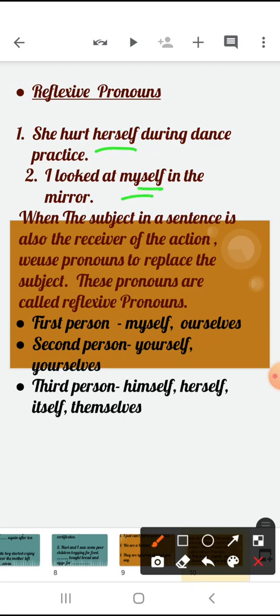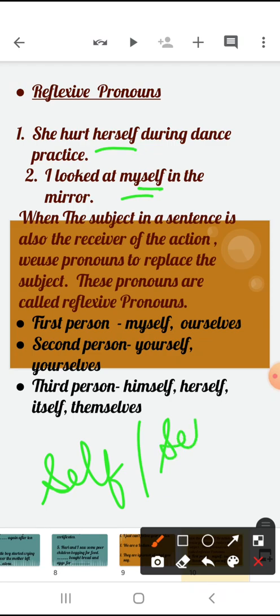See, in a reflexive pronoun, it has "self" or "selves" at the end of the word. That is the specialty of a reflexive pronoun. When the subject in a sentence is also the receiver of the action, we use a pronoun to replace the subject. These pronouns are called reflexive pronouns.